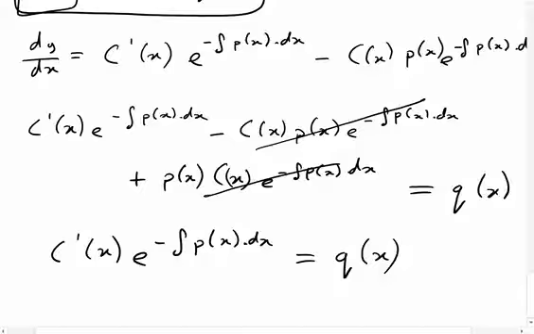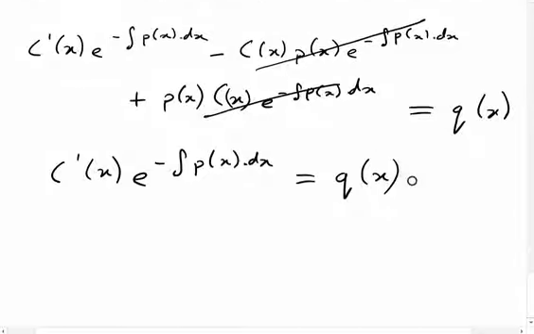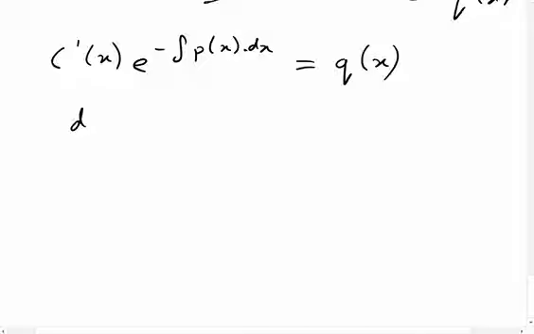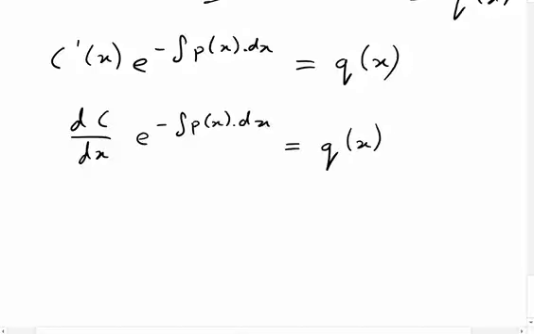So what does that mean? Well, if I rewrite c dash x in our familiar way, dc by dx, that's just c dash of x rewritten like that. I've got e to the minus integral p of x dx equals q of x still. Haven't changed anything there.